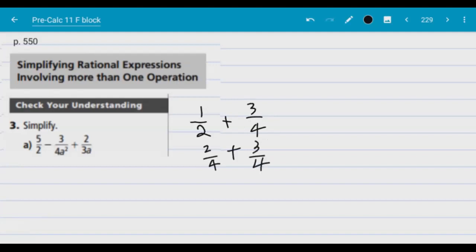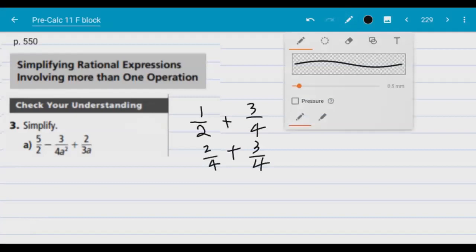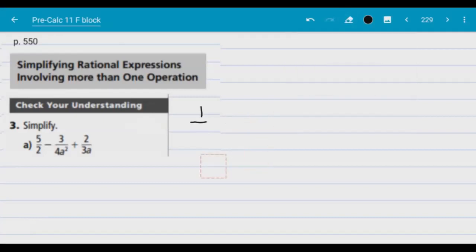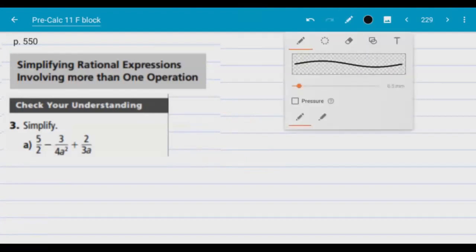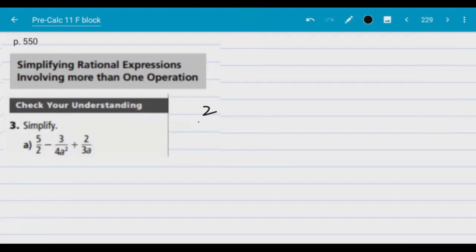Now, suppose the values you have would not allow you to make one denominator go into the other denominator. For example, 2/3 plus 3/4. So 3 doesn't go into 4, 4 doesn't go into 3, so you would have to find a multiple: a number that 3 goes into and 4 goes into.